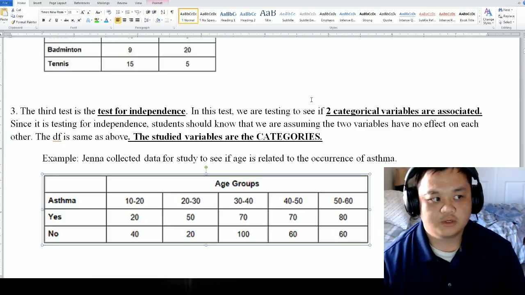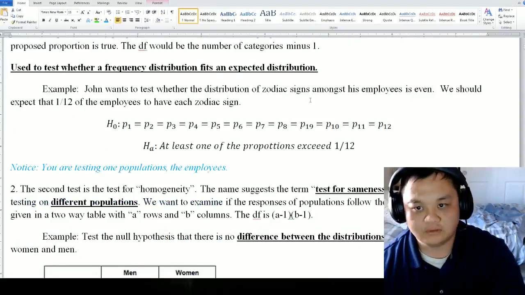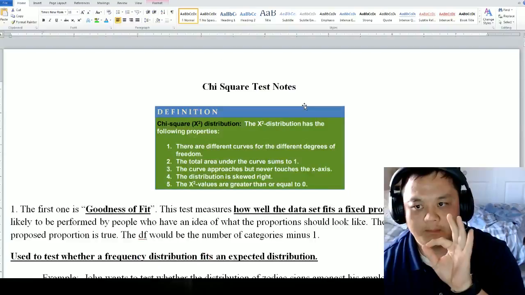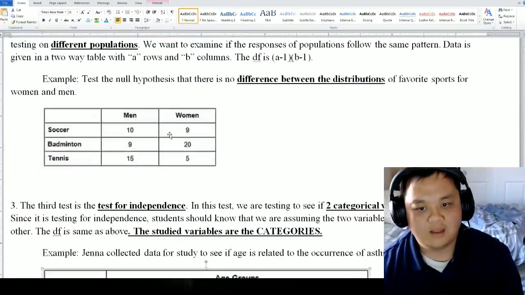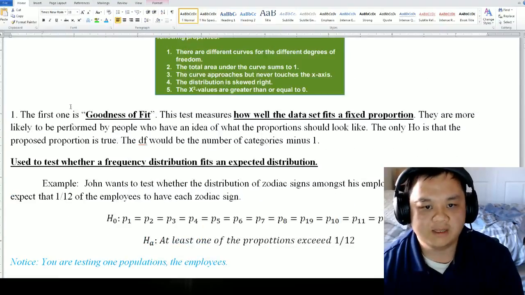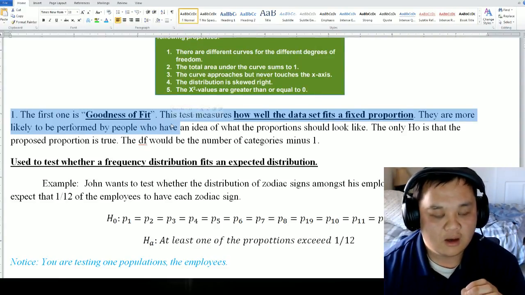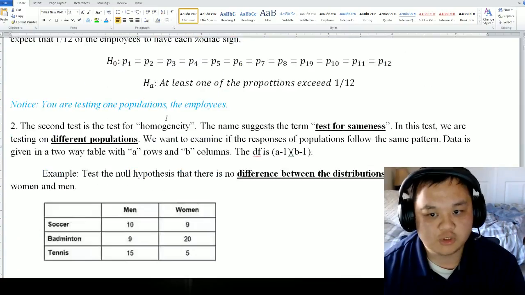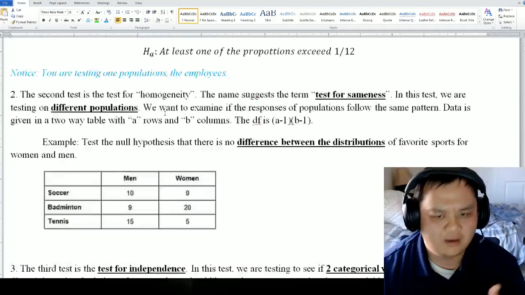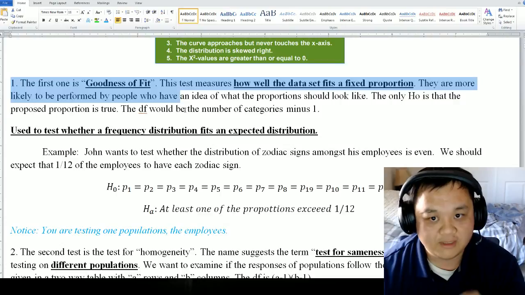Good. So here are your three examples of your chi-square tests. Most of the time you're only going to be dealing with goodness of fit when it comes to the FRQ. On the multiple choice, they might ask you for the other three, right? But on the FRQ, they only deal with goodness of fit.